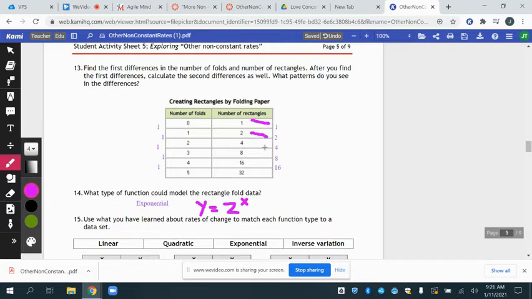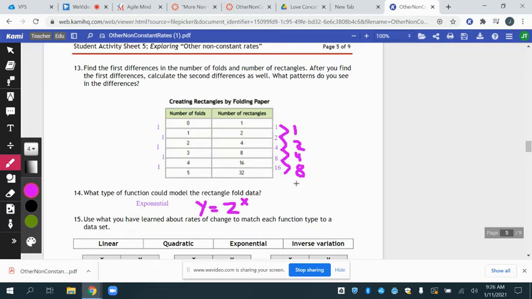They're the same numbers. The crazy thing is if I do this again, this 1 to 2 is 1. From 2 to 4 is 2. From 4 to 8 is 4. And from 8 to 16 is 8.